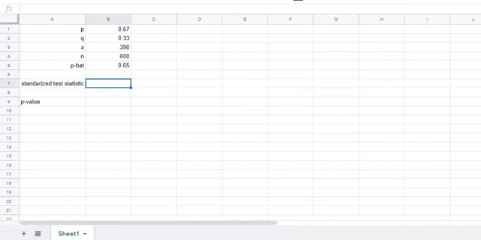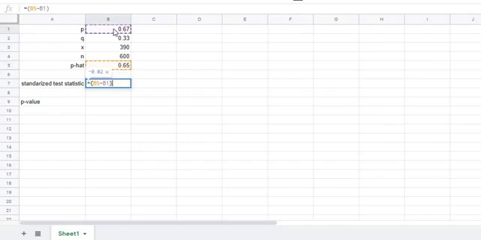Now let's go on to calculate our standardized test statistic. We're going to use the formula of p hat minus p divided by the square root of pq divided by n. So we're going to have to enter this very carefully. I'm going to type in my equal sign. Now the numerator, I'm going to enclose in parentheses: p hat minus p.